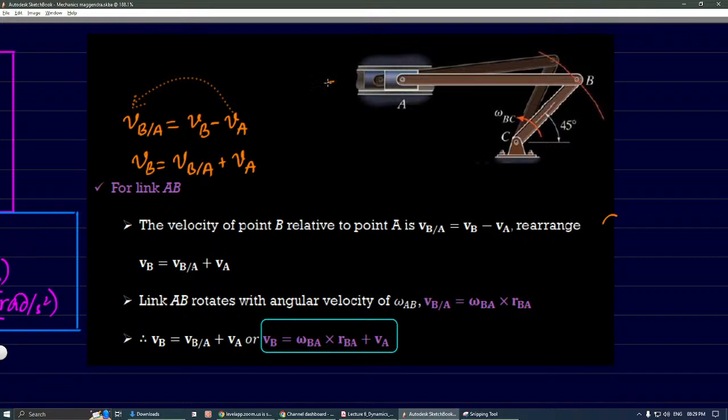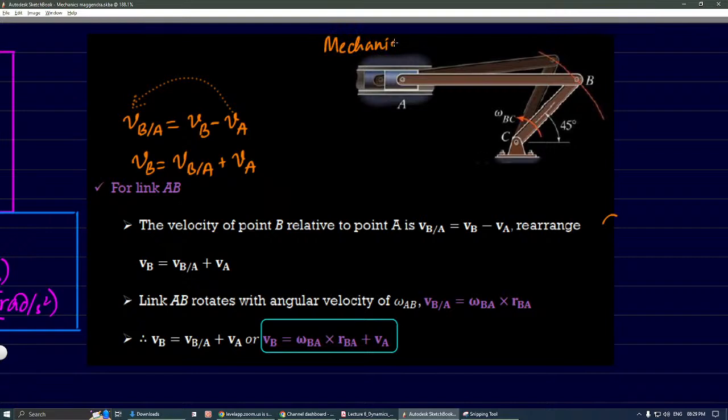If you are given the linear velocity, you can find the angular velocity. And if angular velocity is given, you can find linear velocity, because they are interlinked. As soon as you define any one motion, all other motions get fixed.